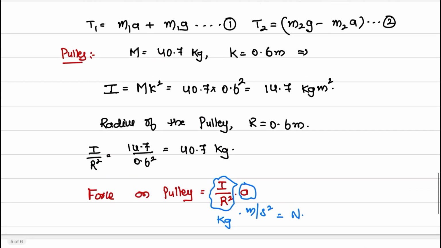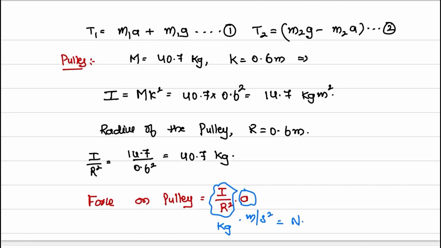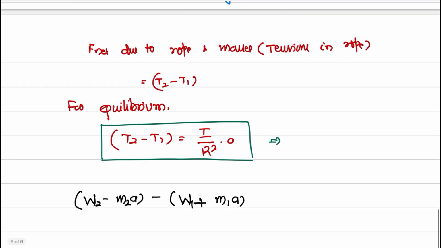This is what? T1 is M1A plus M1G, M2G. M2G I have taken it as W2. This is W1. W2 minus M2A minus W1 plus M1G.